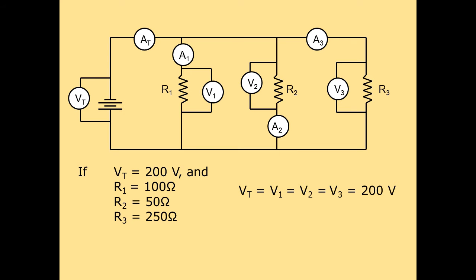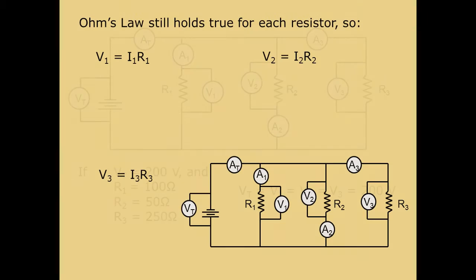Knowing that, then we can start diving in a little deeper and say, okay, we have Ohm's law, and we could use it within each piece of this circuit. On each resistor, we can say V for that resistor equals I for that resistor times R for that resistor. We'll bring that up here. We've got three versions of Ohm's law.